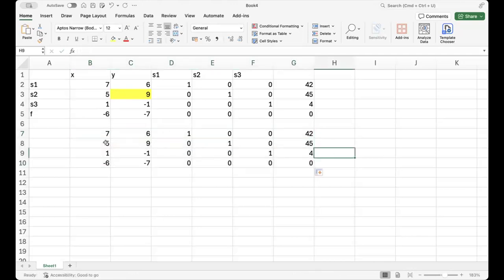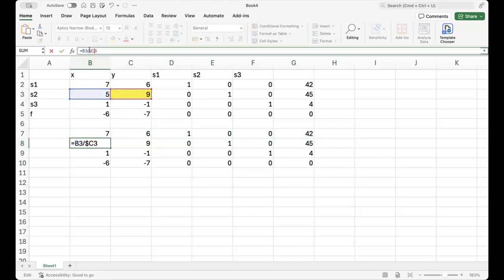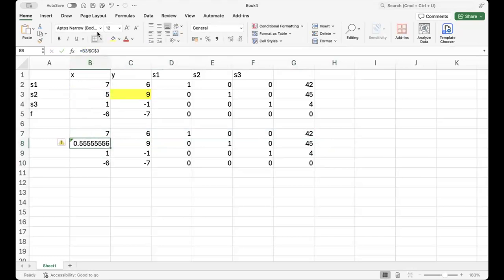But because this row is our pivot row, it must be divided by C3, right? And this one must be constant. Even when you copy it, it must be constant, not change, right? So we obtain this.